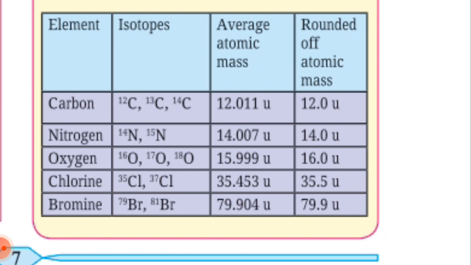Chlorine isotopes 35, 37, average atomic mass is 35.453 u. Rounded off atomic mass is 35.5 u. Bromine isotopes 79, 81, average atomic mass is 79.904 u. Rounded off atomic mass is 79.9 u.